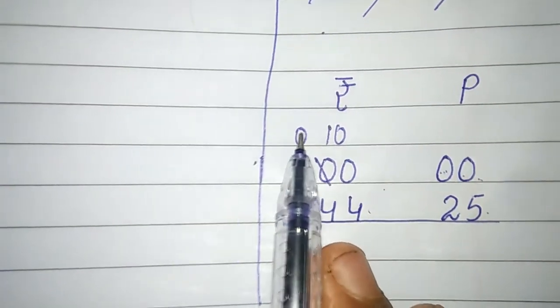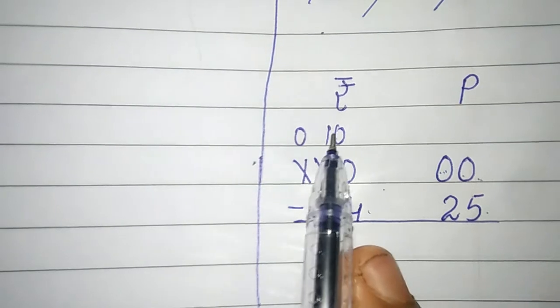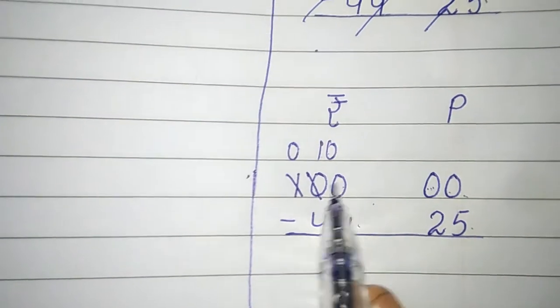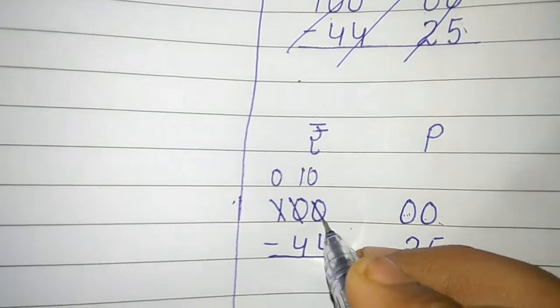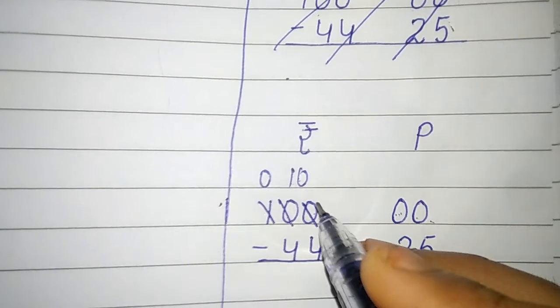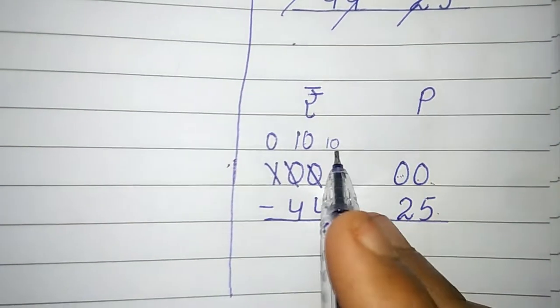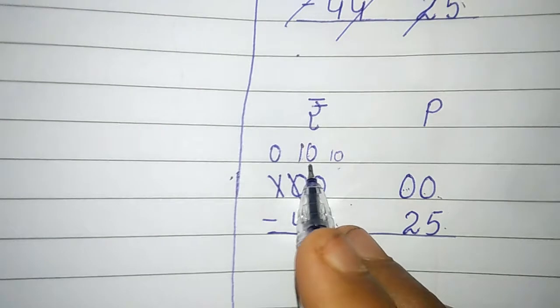Now that it has 10, it can give to its neighbor. 10 gave 1 to 0, so 0 became 10 and 10 became 9.